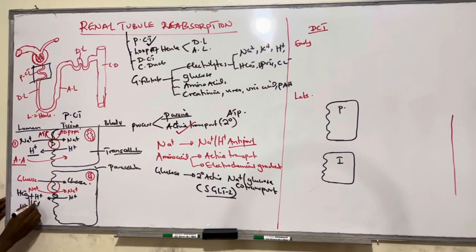This is in the presence of the carbonic anhydrase enzyme, and this weak carbonic acid dissociates to give water plus carbon dioxide. So when hydrogen in the lumen combines with bicarbonate in the presence of carbonic anhydrase, it forms weak carbonic acid, which can give out water and carbon dioxide.